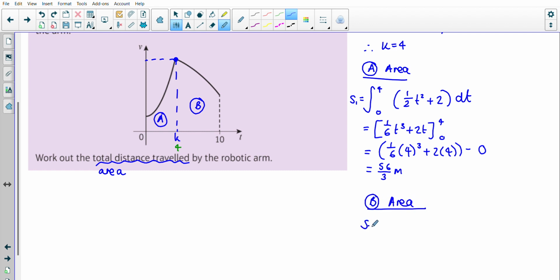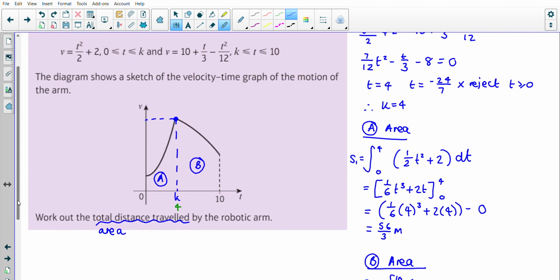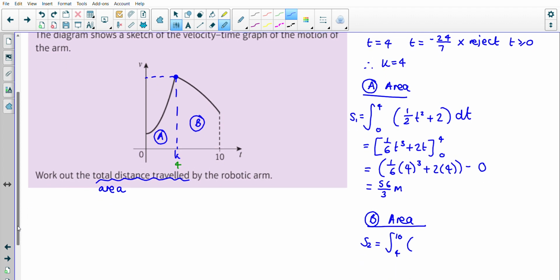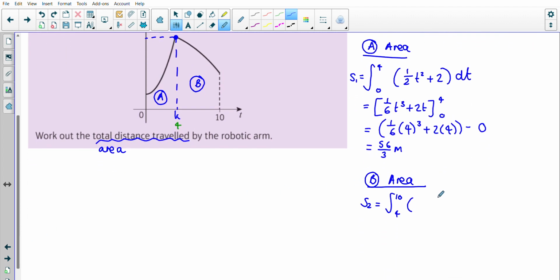So I'll call that S2, and I'm going between the limits of 10 and 4. And if I just scroll up a moment, I'm using the 10 plus t over 3 minus t squared over 12, and I'm just going to write that with fractions instead, a little bit easier to work with, like that.